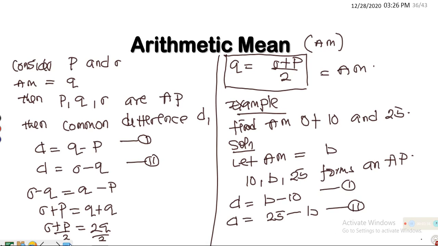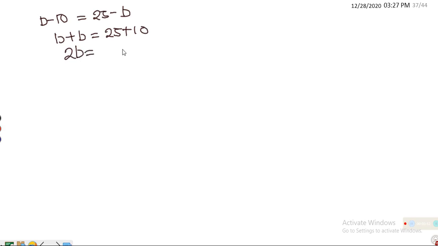If you equate equation 1 and 2, you have B minus 10 equals 25 minus B. So bring B together: B plus B equals 25 plus 10, so 2B equals 35.